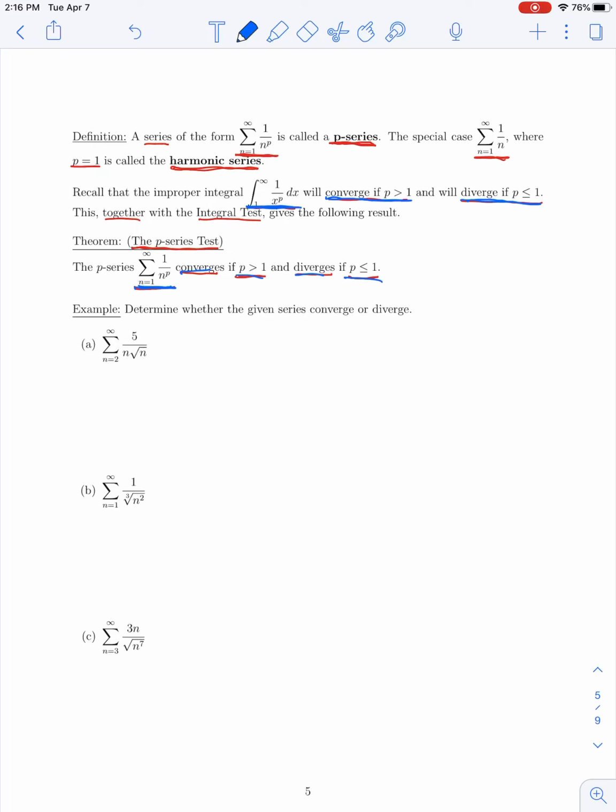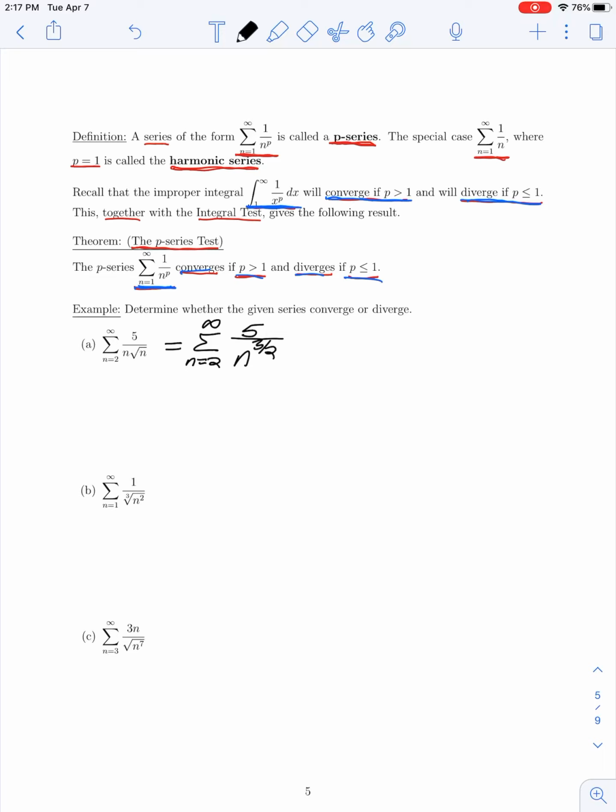So let's look at some examples making use of the p-series test. In this next example, we're given some series, which is a p-series, and we're asked to determine whether it converges or diverges. In part A, we have the sum from 2 to infinity of 5 over n times the square root of n. Now, it may not look like a p-series at first, but if we rewrite this as the sum from 2 to infinity of 5 over n root n, which would be n to the 3/2 power.